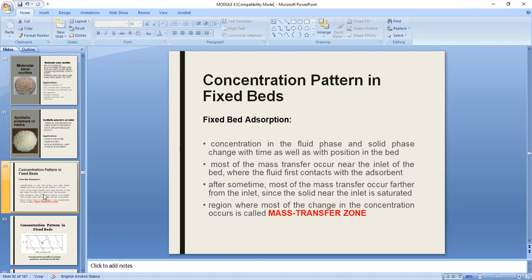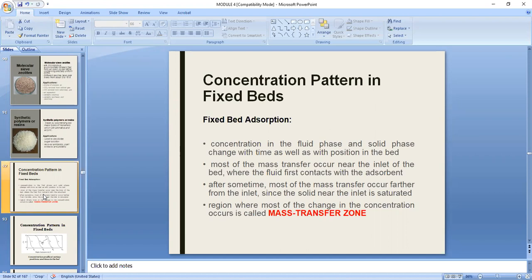Because as time proceeds, the position of the solution or the phase in the bed changes also. Most of the mass transfer here occurs near the inlet of the bed where the fluid first contacts the adsorbent. So there is a high degree of adsorption at the inlet part of the bed. After some time, most of the mass transfer occurs farther from the inlet since the solid near the inlet is already saturated.